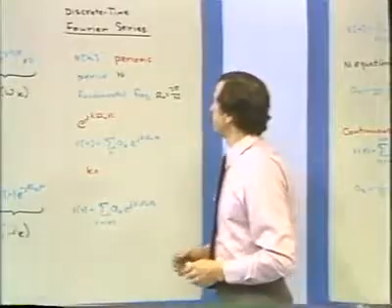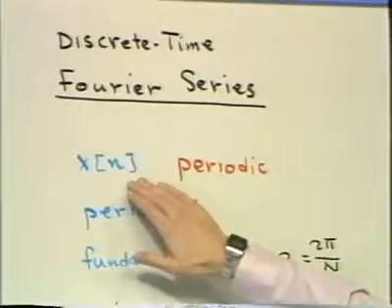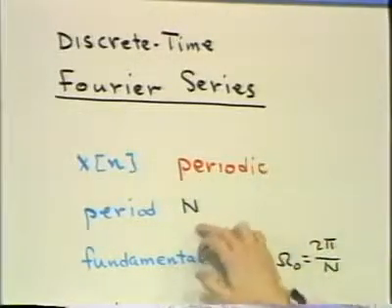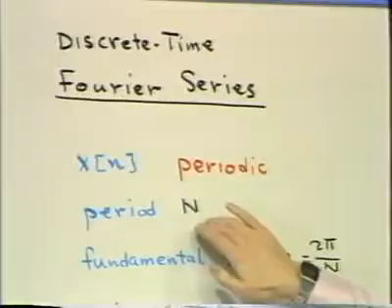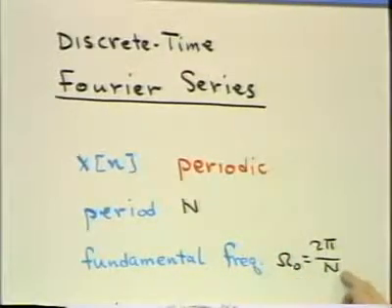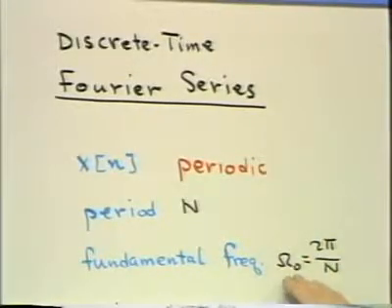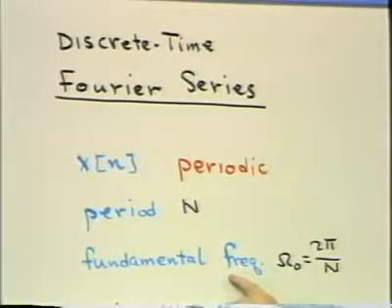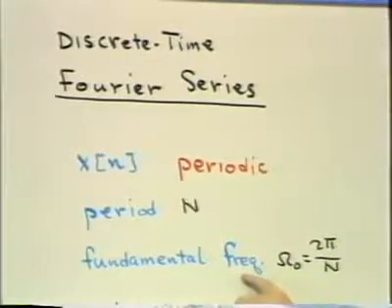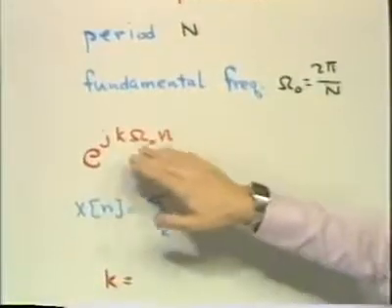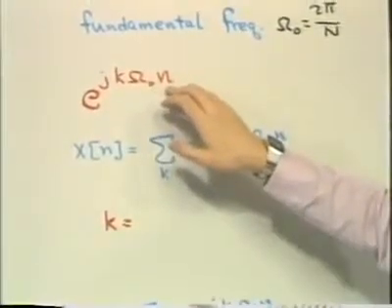So let's consider first signals which are periodic, with period denoted by capital N, and then, of course, the fundamental frequency is 2 pi divided by capital N. Now, we can consider exponentials which have this as a fundamental frequency, or which are harmonics of that, and that would correspond to the class of complex exponentials of the form e to the jk omega 0 n.